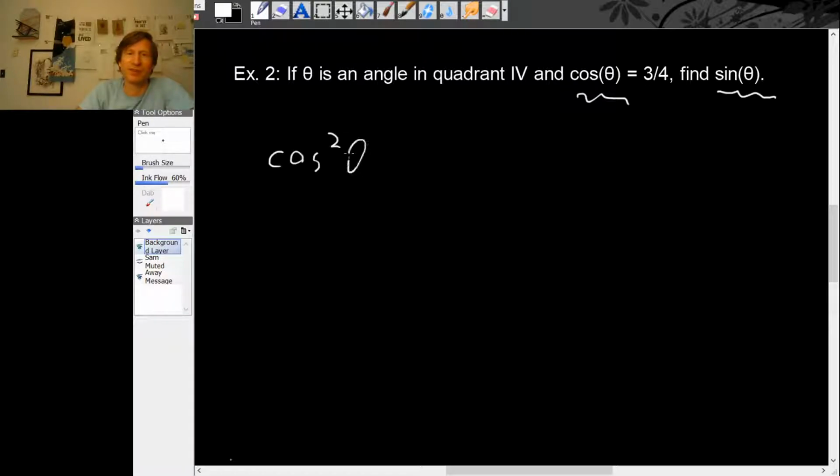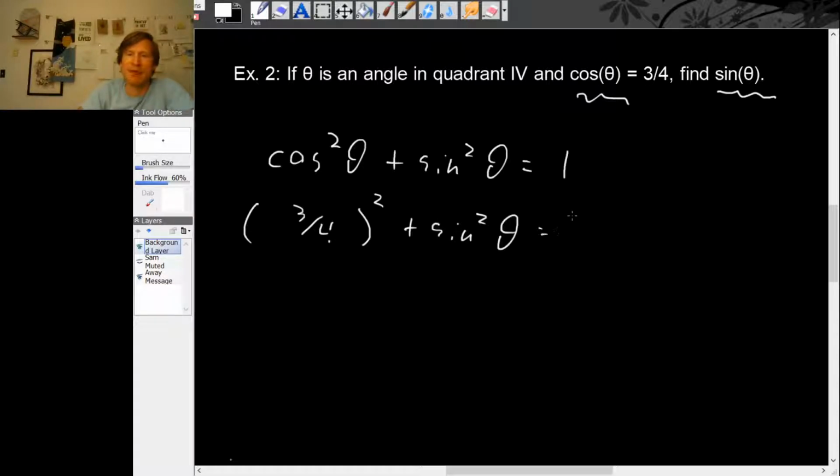So cosine squared theta plus sine squared theta equals 1. And we know what cosine of theta is. It's 3 over 4, plus sine squared theta. And now we can just solve for the thing that we don't know, and that would be sine of theta.